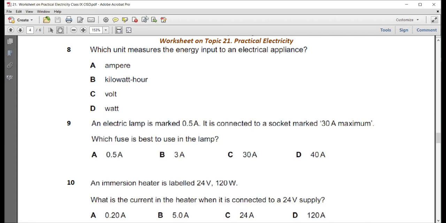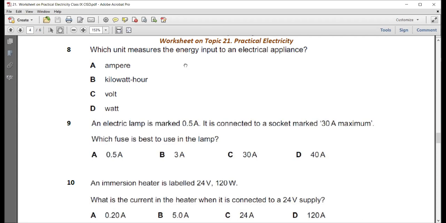So in yesterday's class you got this idea, right? That the unit of energy is joule, but it can be watt second, it can be watt hour also, because if you multiply watt with second, it comes joule. How?